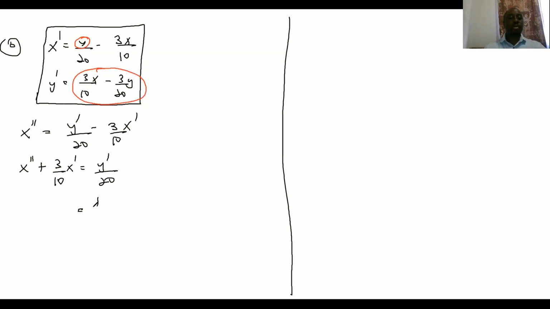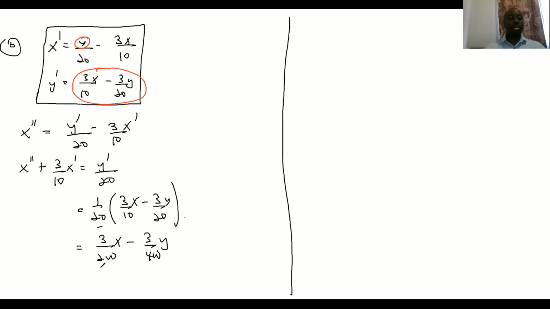So I have here 1 over 20 times 3 over 10 x minus 3 over 20 y. If we simplify that, we have 3 over 200 x minus 3 over 400 y.